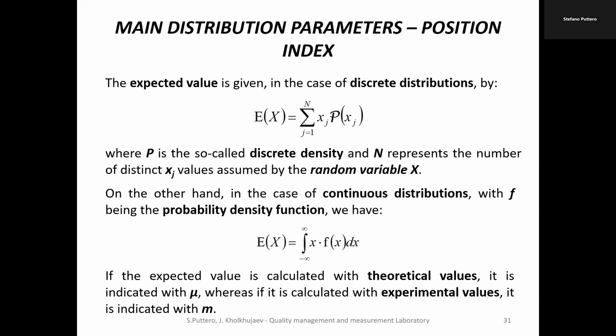Just to be clear, the probability of xj is given by the probability mass function fx of xj, but we will see this concept later. So the expected value for the discrete random variable is the sum of the values assumed by the variable multiplied by their probability, namely, the values assumed by fx of xj.